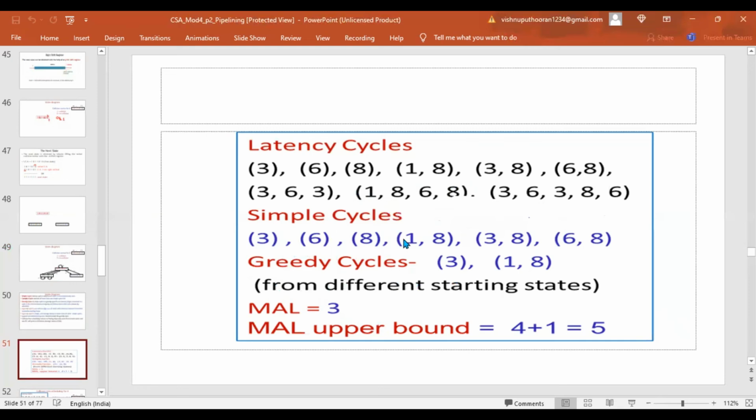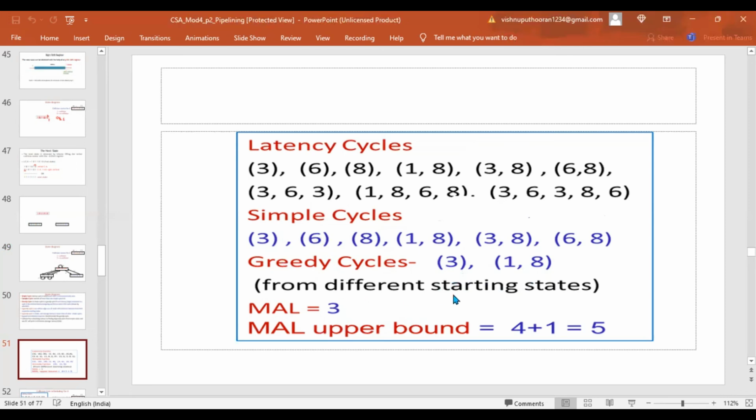Then greedy cycles. From the simple cycles, the minimum value we take is the greedy cycle, because of the different starting states. 3 and 1, 8 are the greedy cycles. A greedy cycle is a simple cycle with a minimum value.